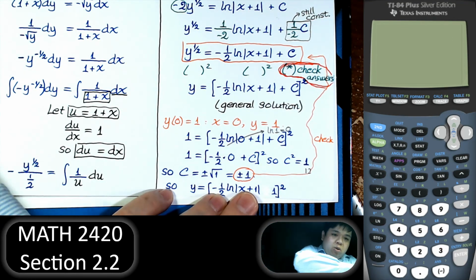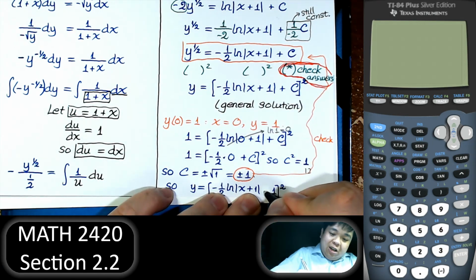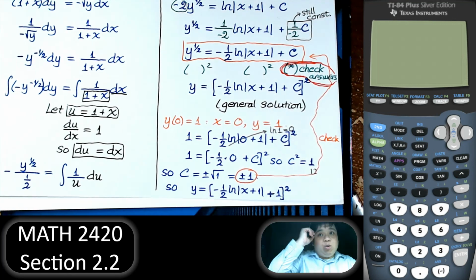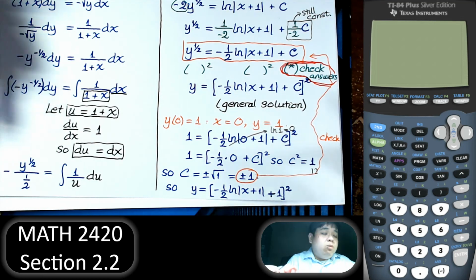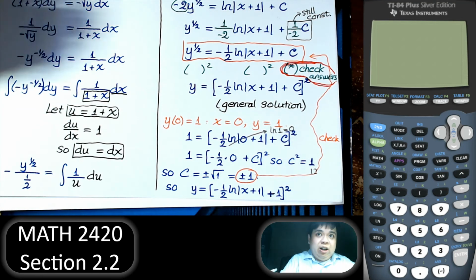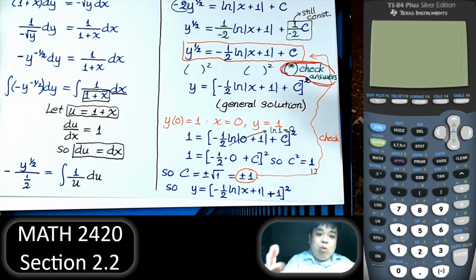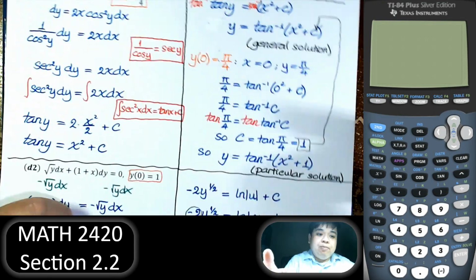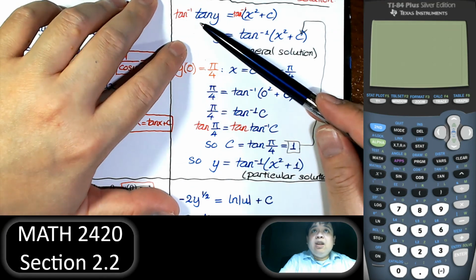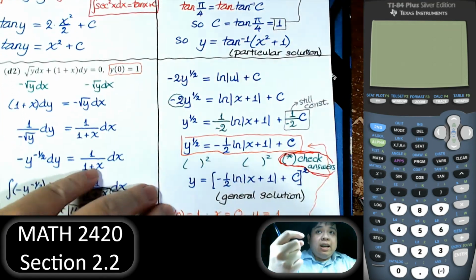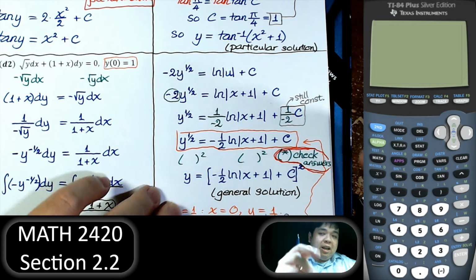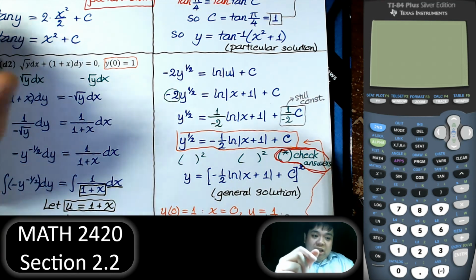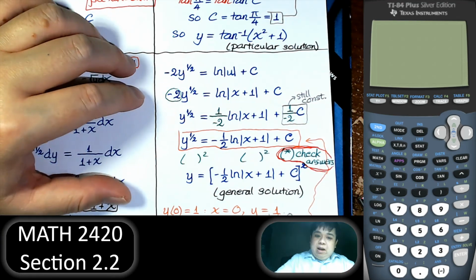So like I said, it doesn't matter how good you are in calculus 1, 2 or 3, or trigonometry, there are certain things that we did not emphasize at all in trigonometry or even in algebra. Like when we square both sides, we have to check the answer. Like when tangent and tangent inverse cancel out, but they have to have certain conditions, otherwise that will not work. For tangent and tangent inverse, the domain and range have to match.